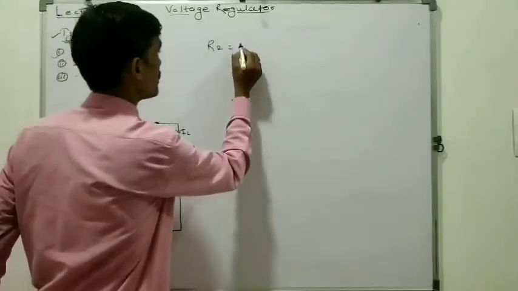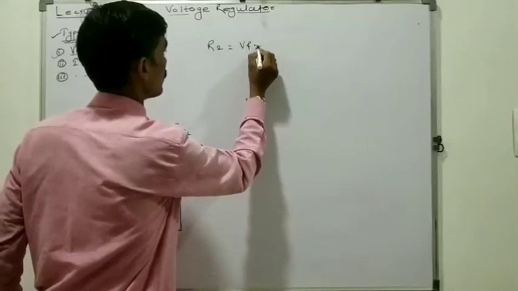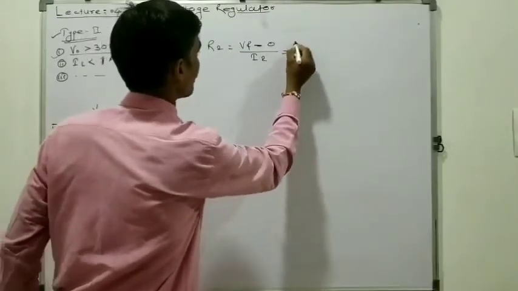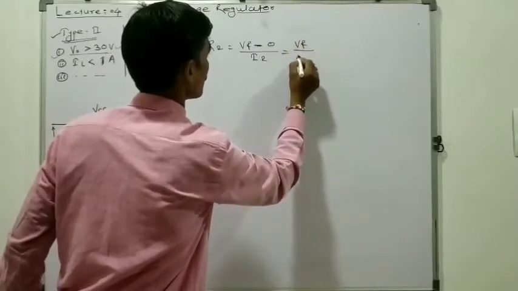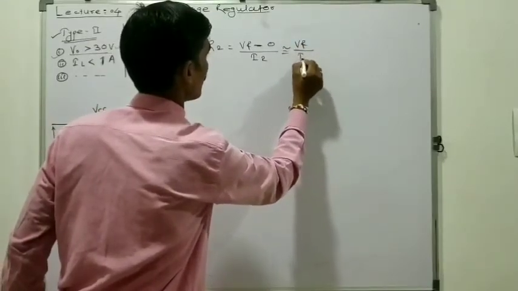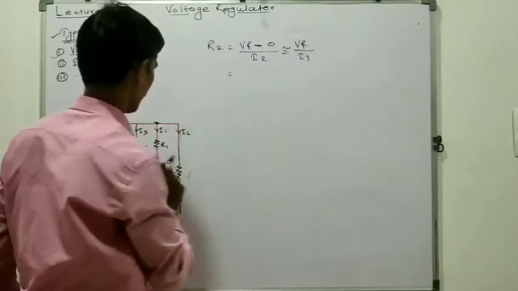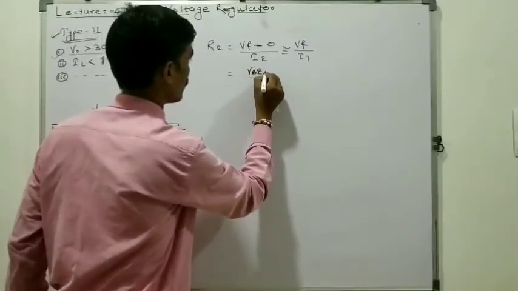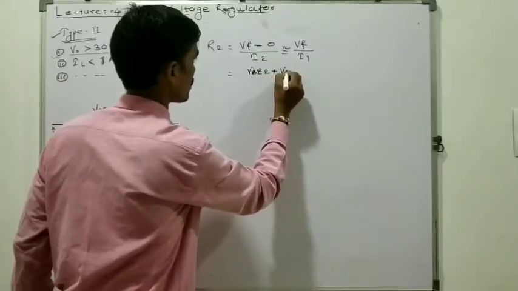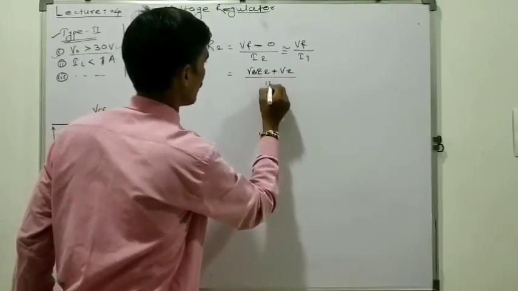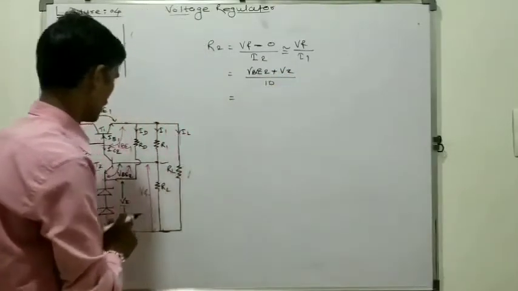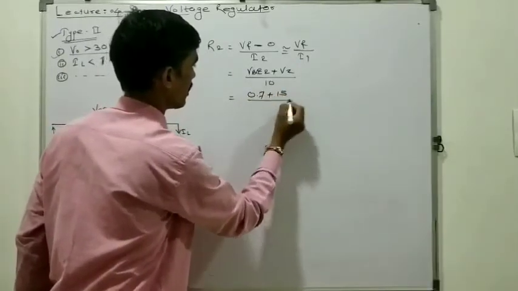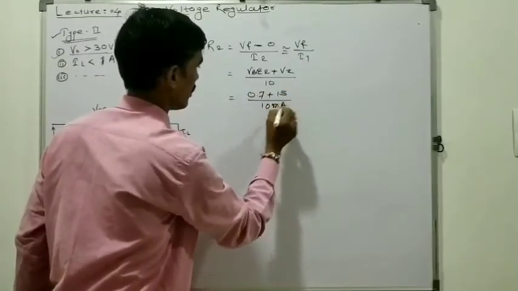So R2 is equal to Vf minus 0 divided by I2. It is approximately equal to Vf divided by I1. So Vf is nothing but VBE2 plus Vz, divided by 10 milliampere. So it is equal to 0.7 plus 15 divided by 10 milliampere.